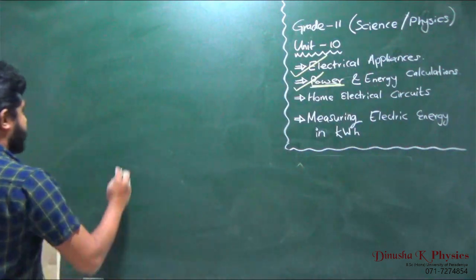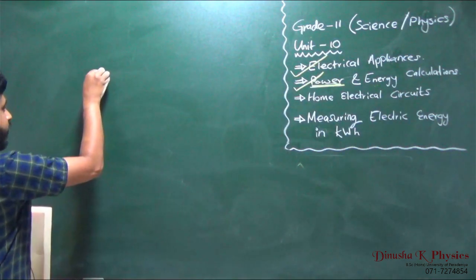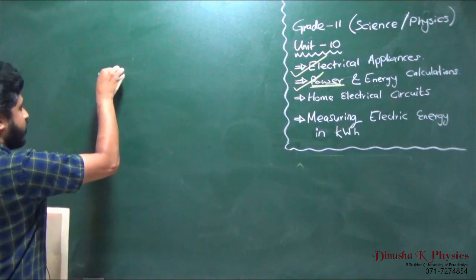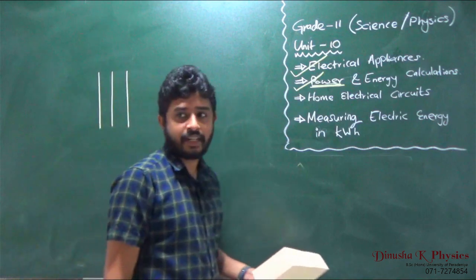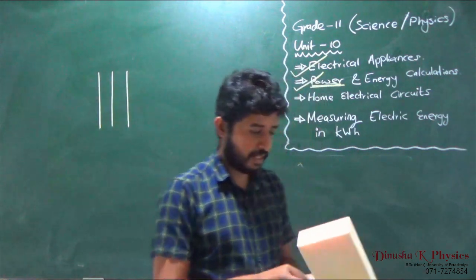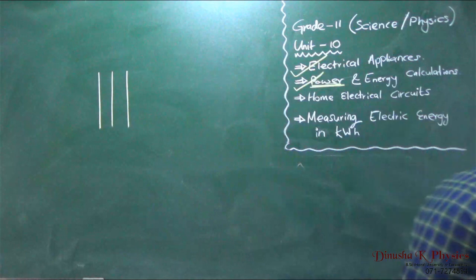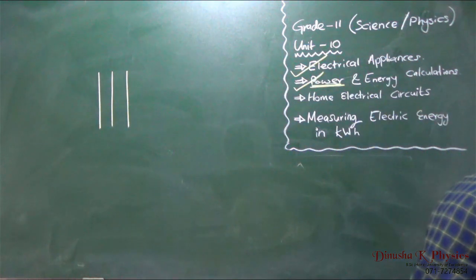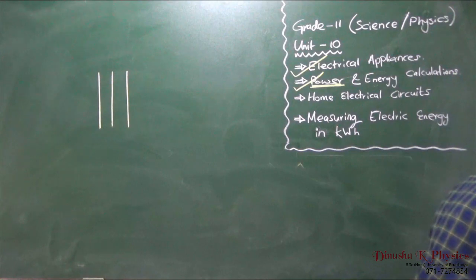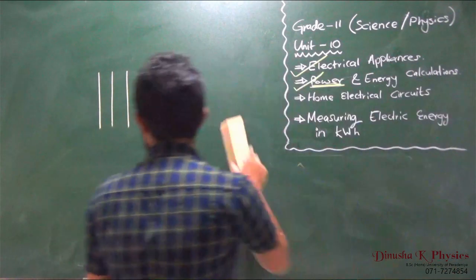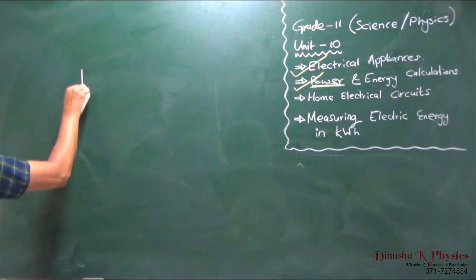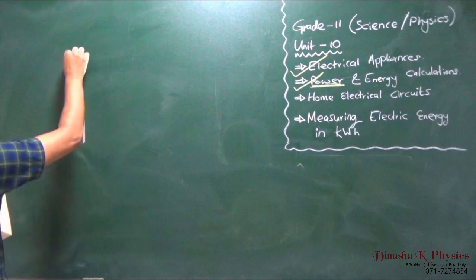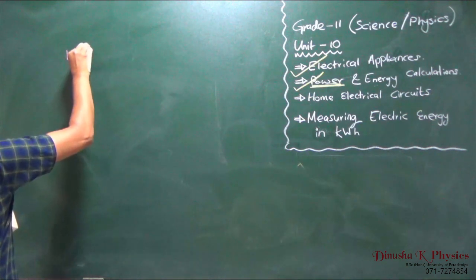When the electrician is doing the wiring, always they use 3 colored wires. එකක් තමයි, I will try to use the same colors. One is red. So this red wire is known as the live wire.